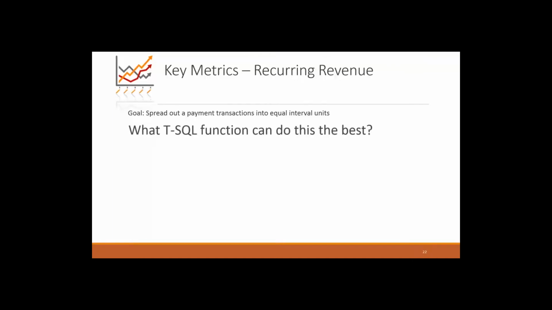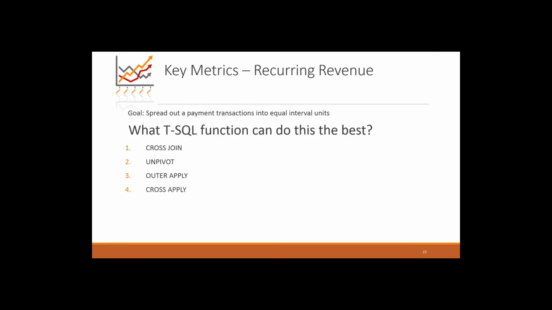But how do we do this? There's a T-SQL function that can help us do this. But what T-SQL function can do this the best? I had my friend Brad Schultz, SQL Server MVP for DesignMind, help me to verify this, and he wrote up some nice scripts that I'll share with you in a second. Here are just a couple options that may or may not work.